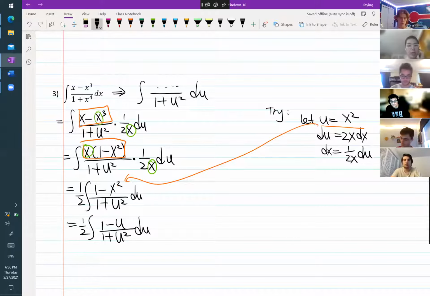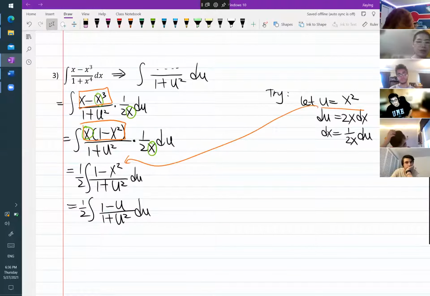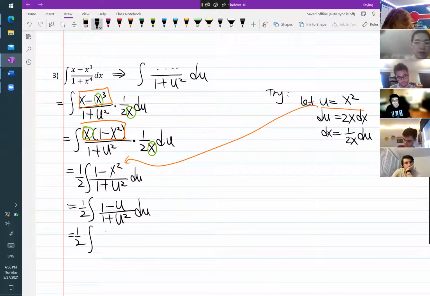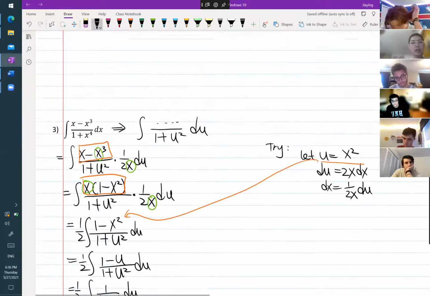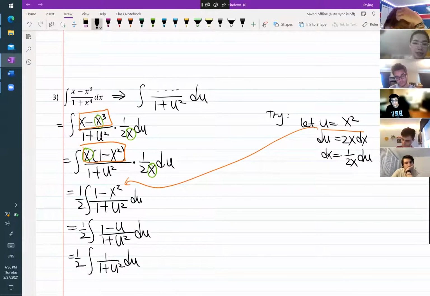So from here, the trick that we're going to use is we're actually going to separate it as two fractions, two functions that we want to integrate. So the half, I'm going to leave it, but I'm going to separate the fraction so it becomes integrating 1 over 1 plus u squared du, and we know what that is. We saw that earlier in the previous problem. And then I'm going to add a bracket here.